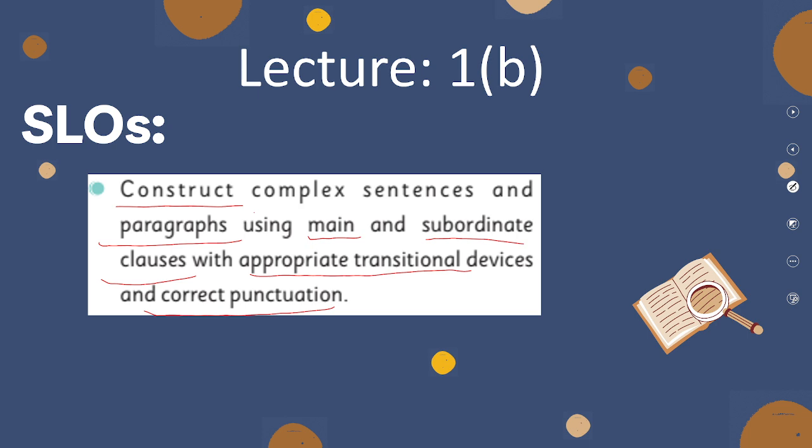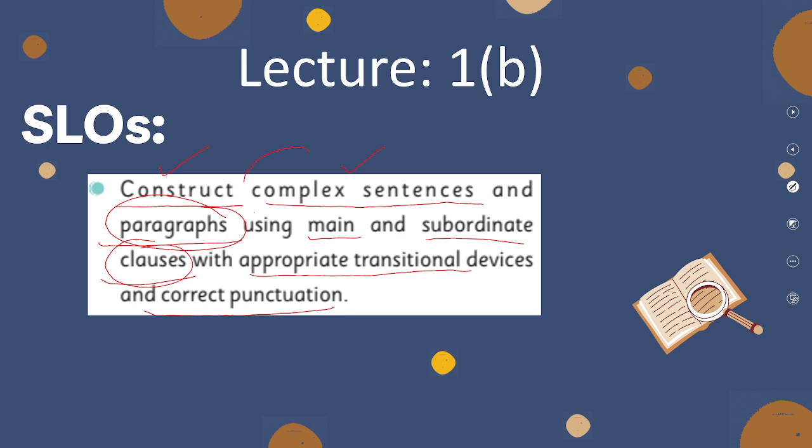Let's break it down. What we are supposed to learn over here is to make complex sentences. Students, we know that there are simple sentences, complex, compound-complex, etc. Now they get a little complicated, so we will understand and construct complex sentences. And also, when we are combining these sentences, we can make a paragraph using main and subordinating clauses.